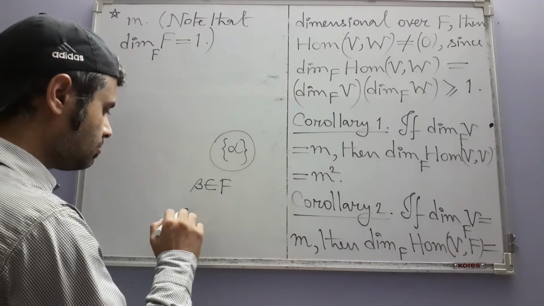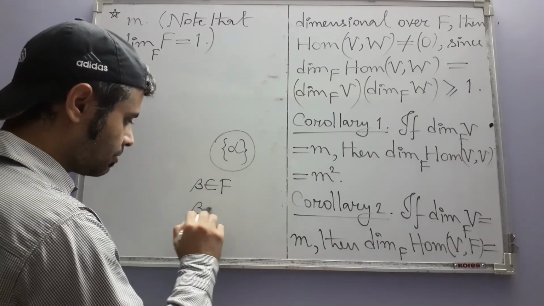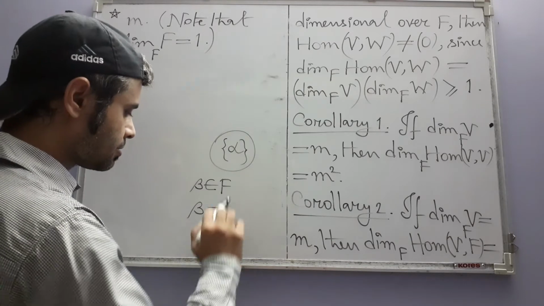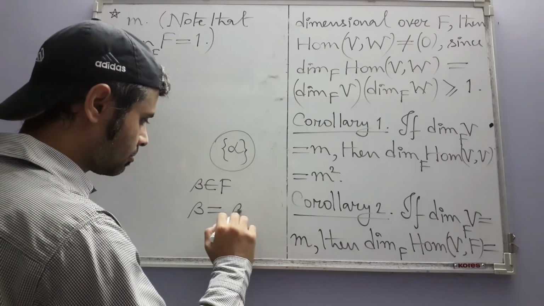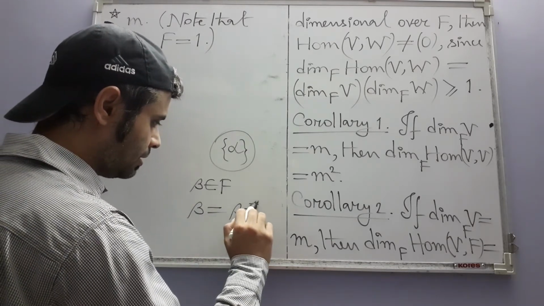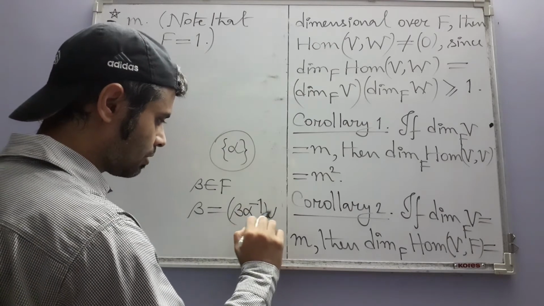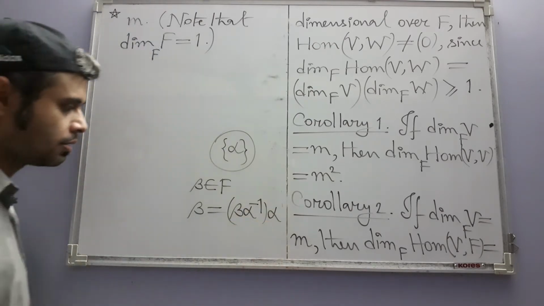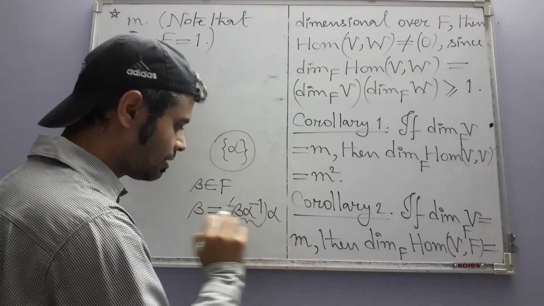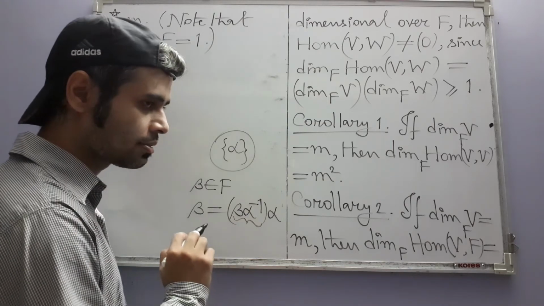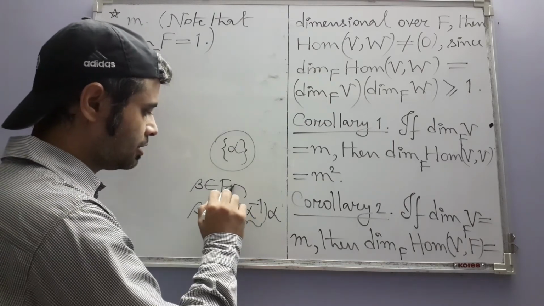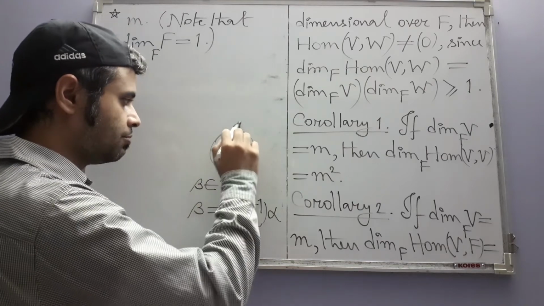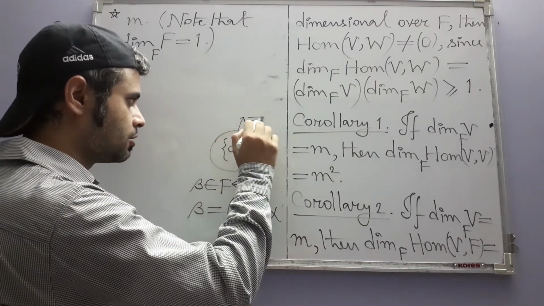How? You can write beta as beta alpha inverse alpha, where beta alpha inverse is a scalar because it is in F. Keep in mind, we chose alpha to be non-zero.